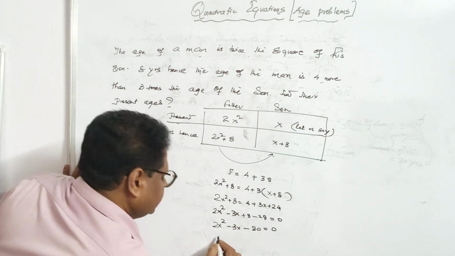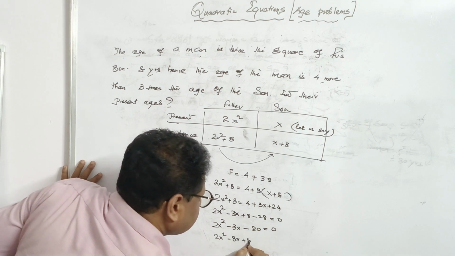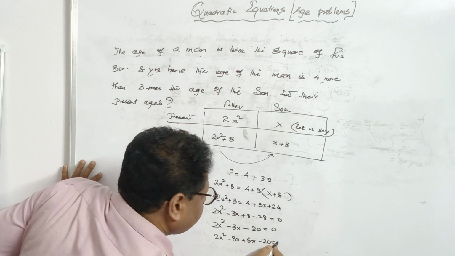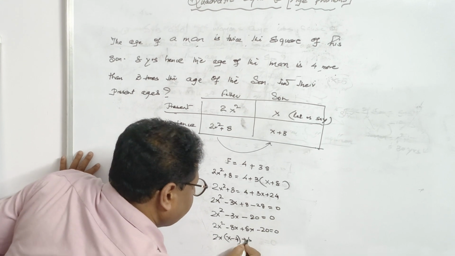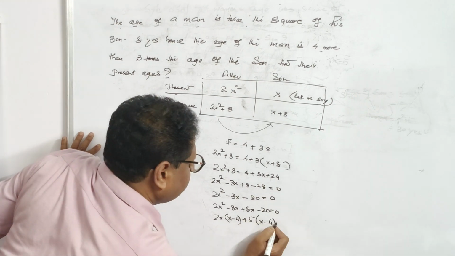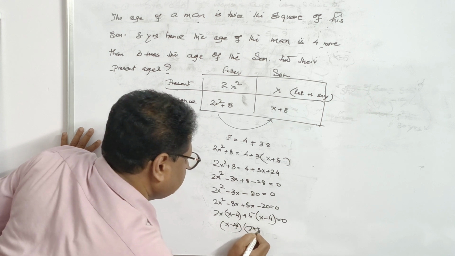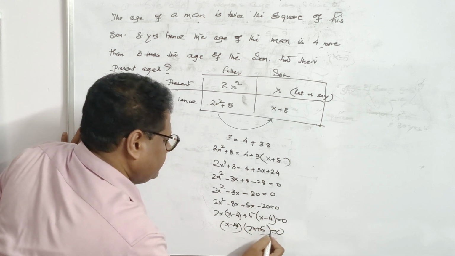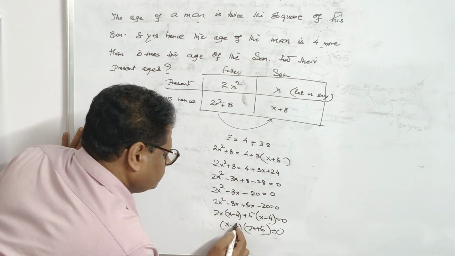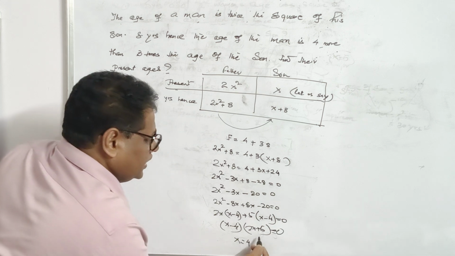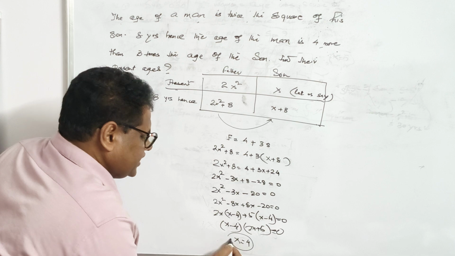Now we have the factors 2x square minus 8x plus 5x minus 20 equals 0. Taking 2x common and 5 common, we have the factors x minus 4 and 2x plus 5. So that brings x equals 4, because minus 5 by 2 is not admissible. So x equal to 4 is admissible.